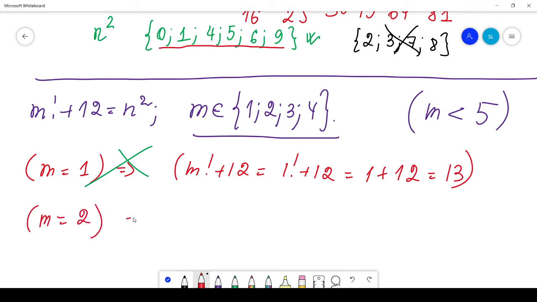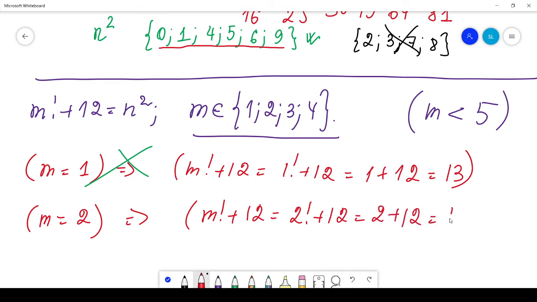M equals 2: in this case m factorial plus 12 is 2 factorial plus 12, and 2 factorial is very simple to count. It is just 1 times 2, which is 2, and plus 12, it's 14. 14 is not a whole square, so no.